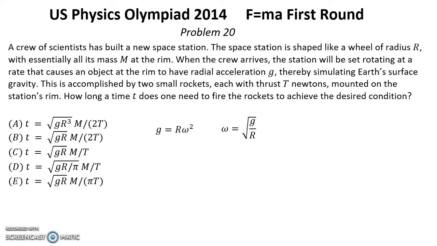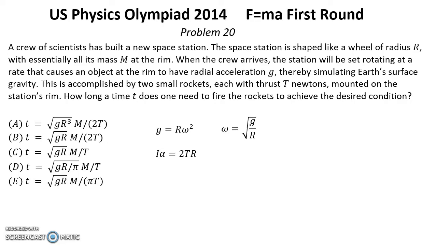From the other side we can write the equation for rotational motion. So we use two rockets with a thrust T newtons. So it means that we have the equation I alpha equals 2TR, where I is the moment of inertia for this rim, alpha is angular acceleration, and R is the radius.